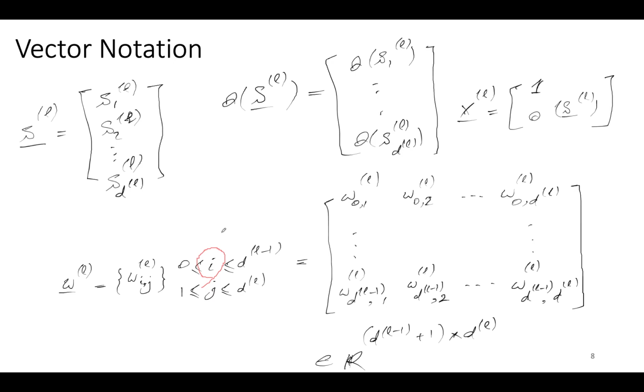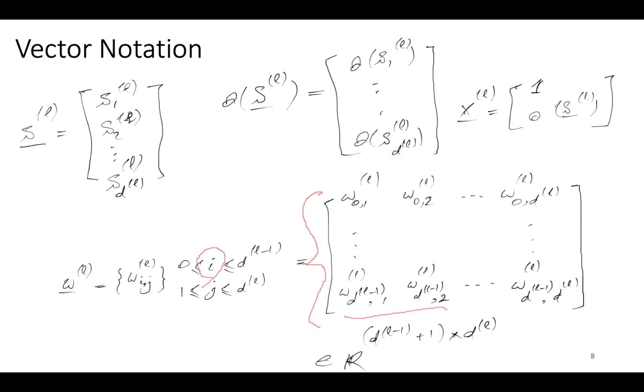So the vector of L would correspond to a matrix such as the following. W0 and 1 of L. On this side, you have from 0 to D of L. So here would be this side.